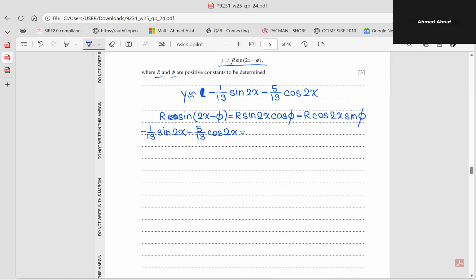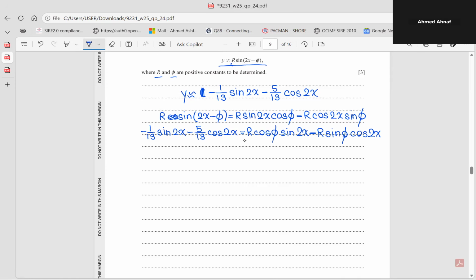R cos phi sine 2x minus R sine phi cos 2x.